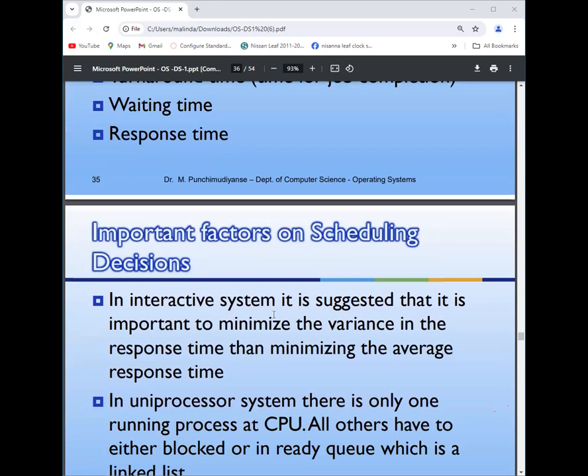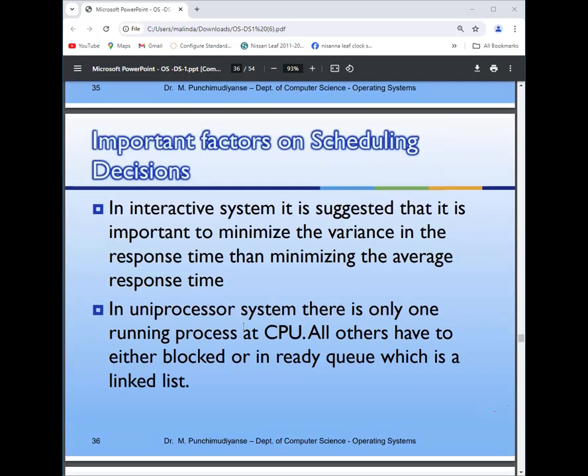If some jobs get a response within 5 seconds and some get it after 5 minutes, then you have a problem, because you cannot guarantee that within a given amount of time you get a response from the system. So you have to minimize the response time when you are scheduling the jobs on the CPU.